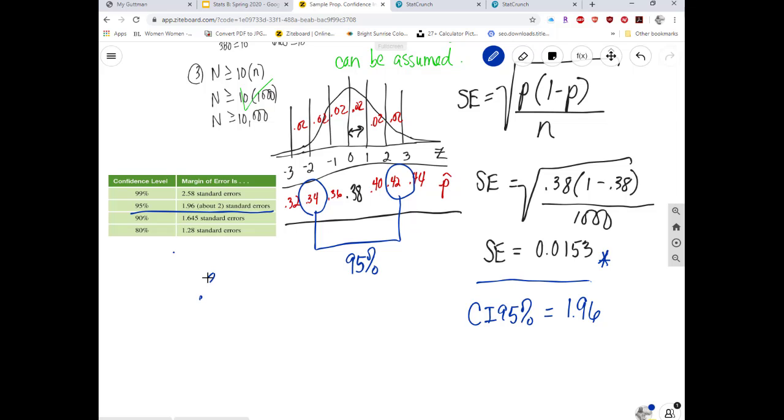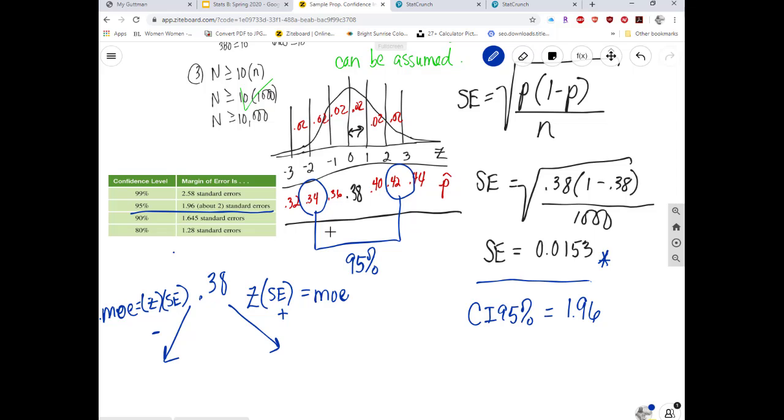So here is my 0.38. I need my z-score multiplied by my standard error to get my margin of error, and then I need to add it to 0.38. Then I have to do the same thing: take that same margin of error, which is the z-score multiplied by the standard error, and subtract it from 0.38.